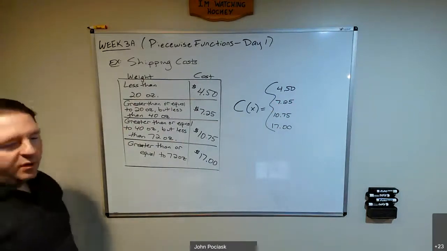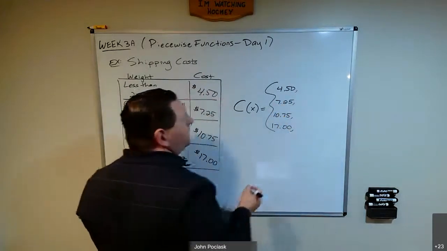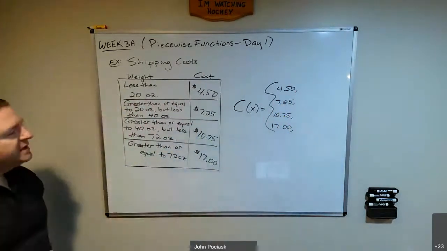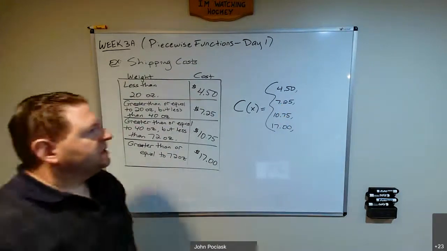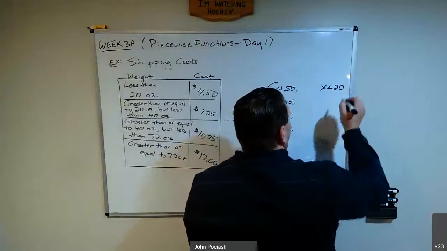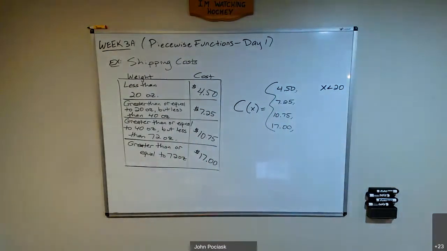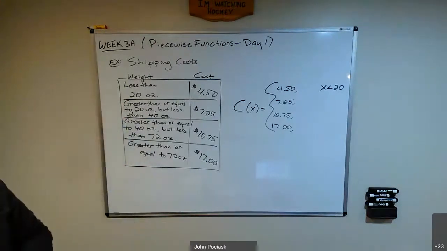The domains is what you have to take a moment and think about based upon what they told you. The first one is if it weighs less than 20 ounces. Now, this is one where I might take a point off of your paper if this were a quiz question or a test question, because in this context, even though it says less than 20 ounces, you need to know that it's impossible to mail something that has negative weight.